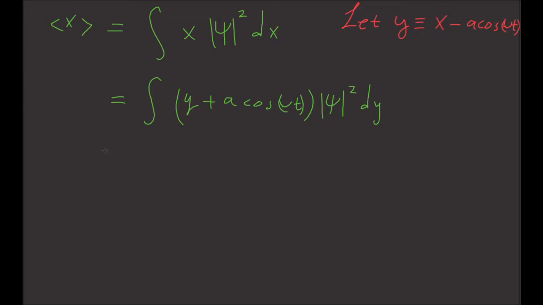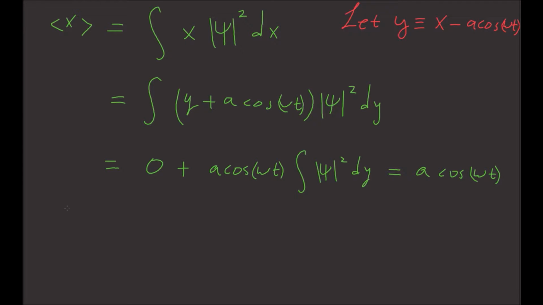So now what we have is 0 here plus a cosine of omega t times the integral of psi star psi dy, which is 1. So this gives us a cosine of omega t.